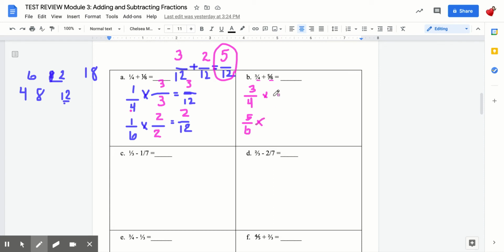Those were our best units in the problem right before it. So if I'm going to set these up and make 12ths, and then add them together, I've got everything all set up here.